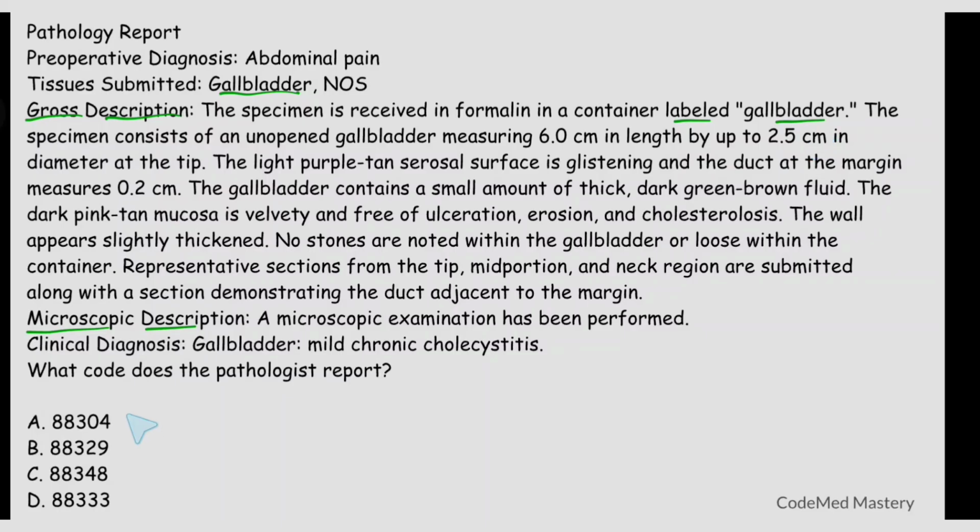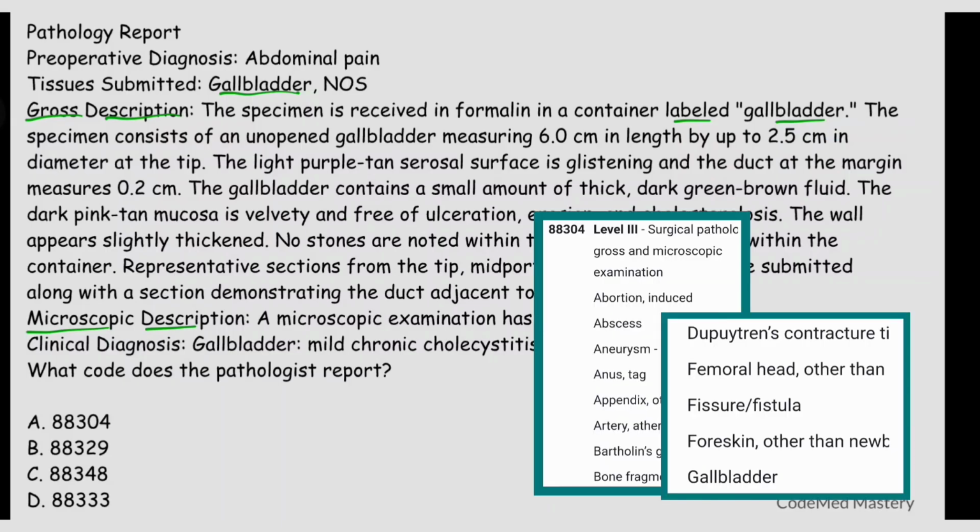So check option A, 88304, which is for level 3 surgical pathology gross and microscopic examination. In that, among the different specimens given, you can find gallbladder, right? And the code is for gross and microscopic examination, which is mentioned in the description of this procedure.